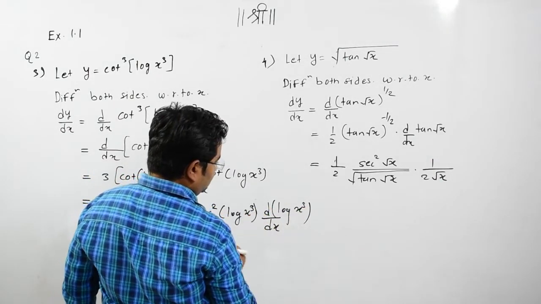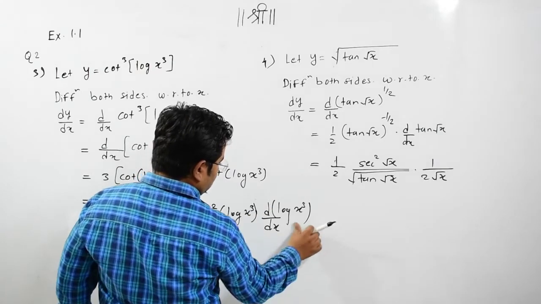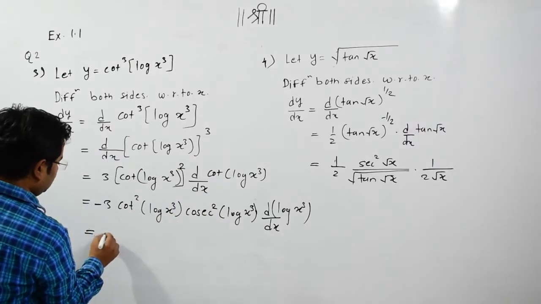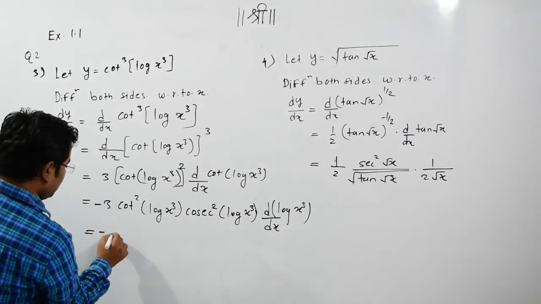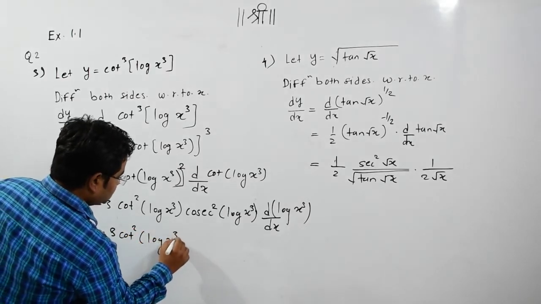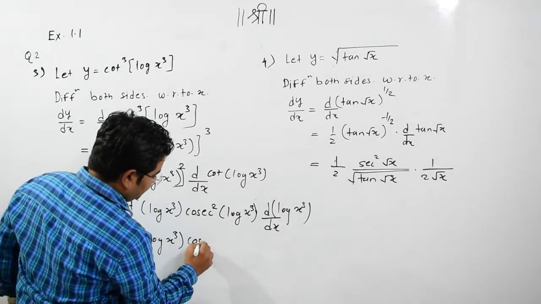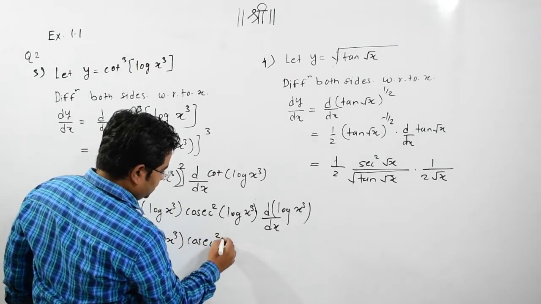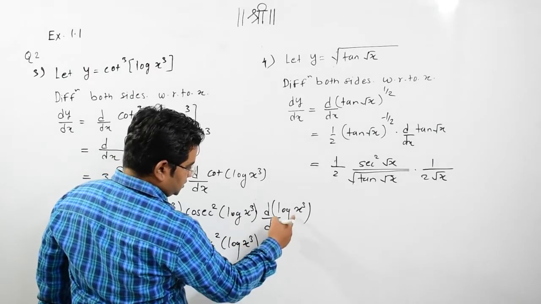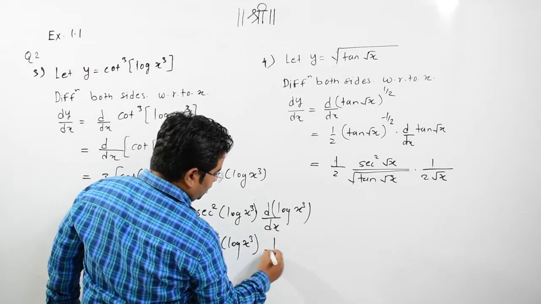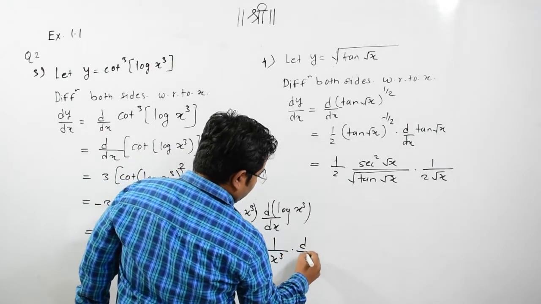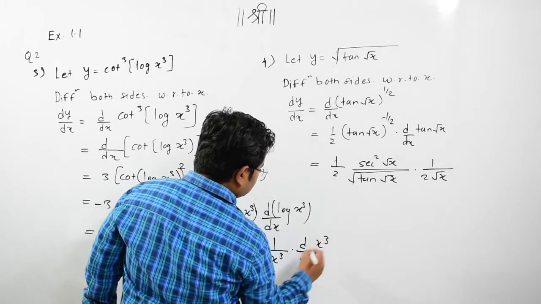So minus 3 cot square log of x cube, cosec square log of x cube, the derivative of log will be 1 upon x cube dot d upon dx of x cube.